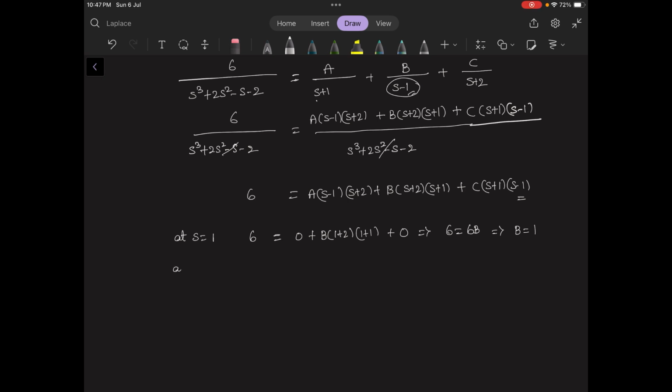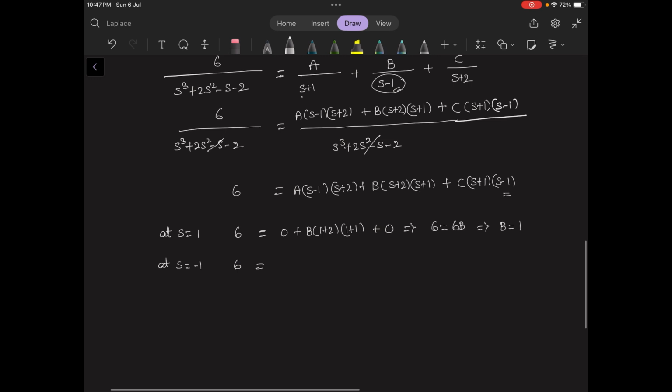Now at s is equal to minus 1, let us see what happens. We get the a value: minus 1 minus 1, minus 1 plus 2, plus the second term will become 0, the third term will become 0, which implies 6 is equal to minus 2 into plus 1. So we'll get minus 2a, where a is equal to minus 3. At s is equal to minus 2, if I substitute, we'll get the c value.